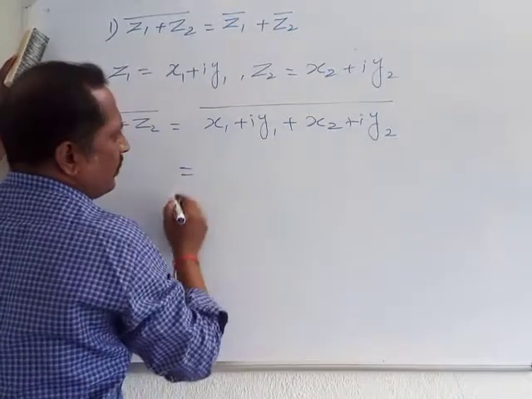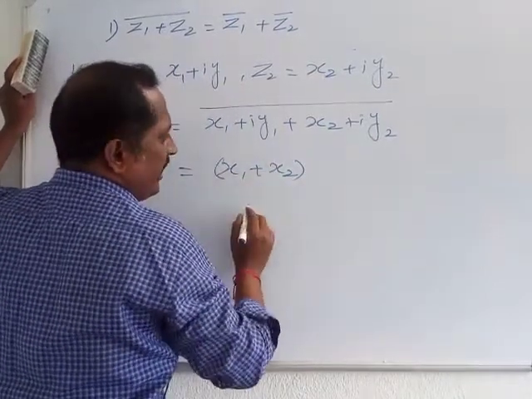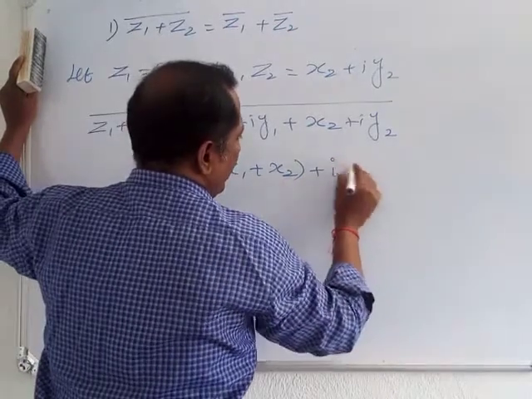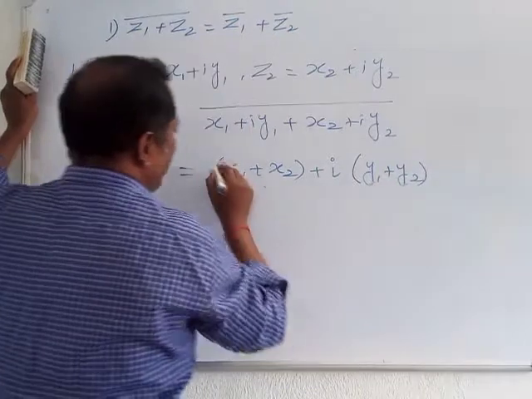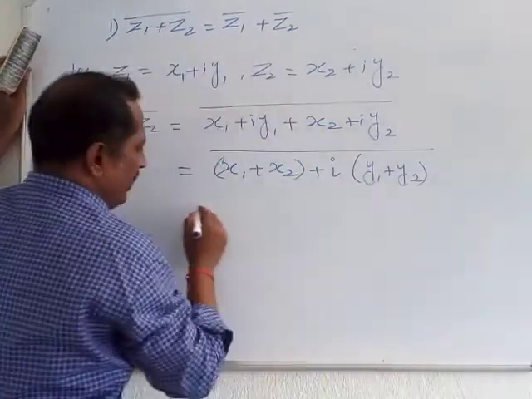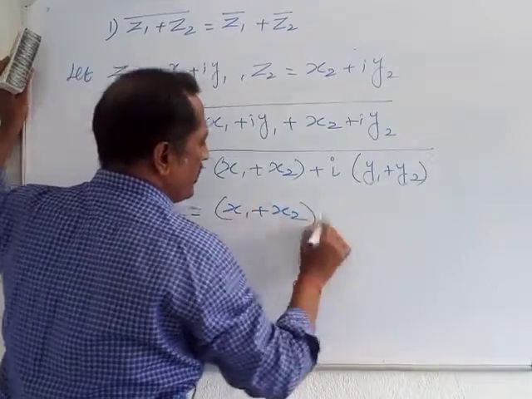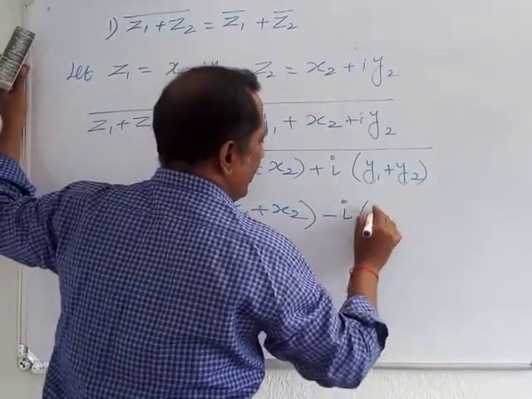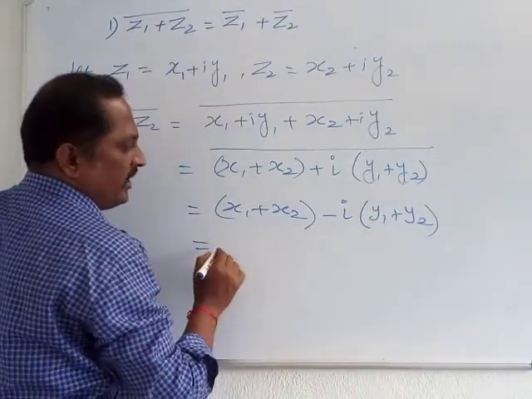So this is equal to adding the real terms x1 plus x2, plus adding the i terms y1 plus y2, the total bar, which is (x1 plus x2) minus i into (y1 plus y2).